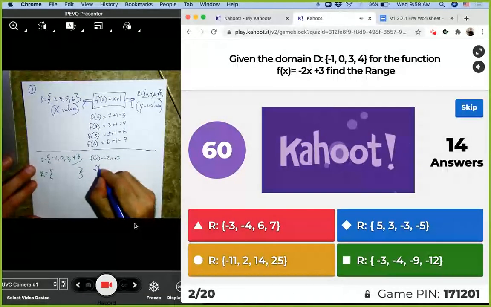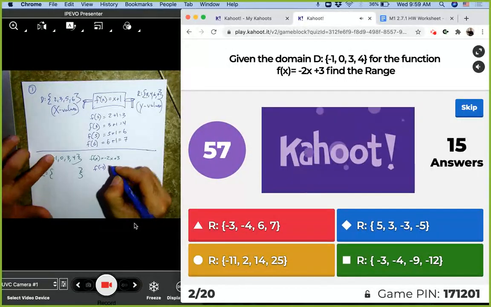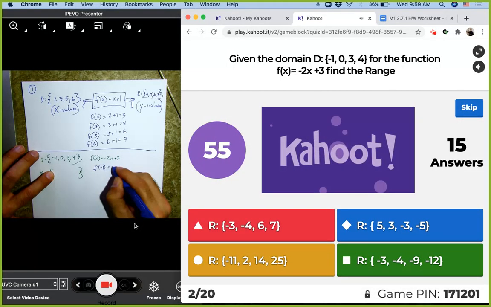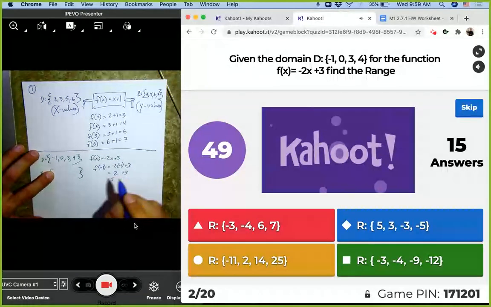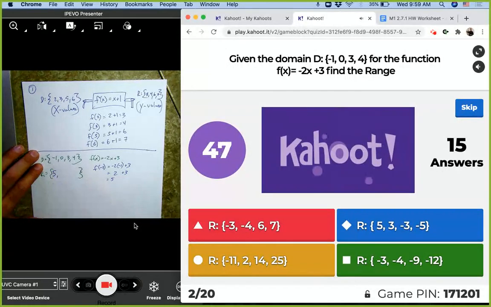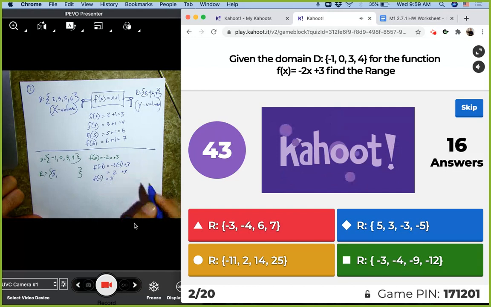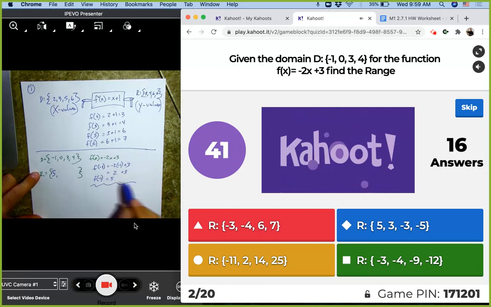We're going to plug in -1 to start, plugging in my x value to find my y value. All right, 5. And you keep doing that. That's f of -1. Now do f of 0.